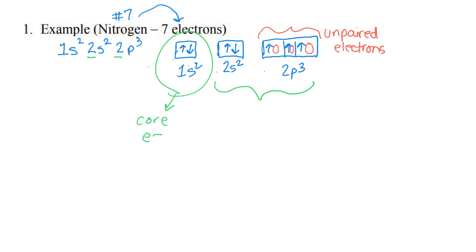So whichever part of your electron configuration has the highest energy level number, those are all considered valence electrons. And valence electrons are outermost electrons. So nitrogen has our 2s2 and 2p3 as the valence electrons, for a total of 5 valence electrons.